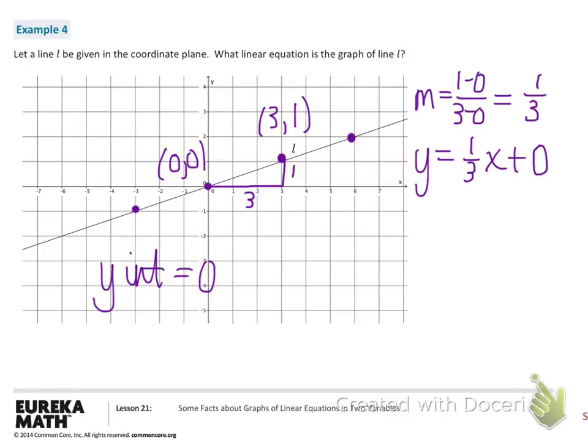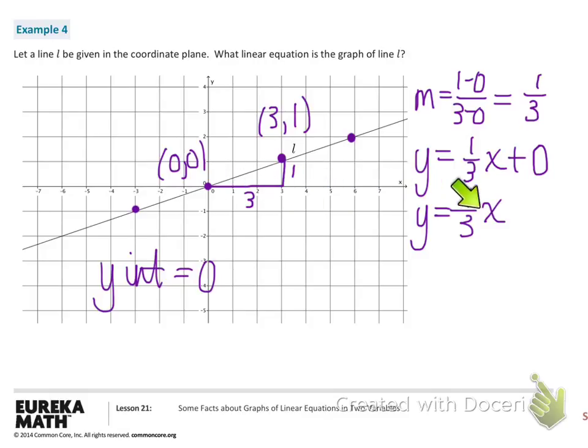So we would write this equation just as y equals 1/3 x. When an equation is in this form, y equals some number times x, that's a special type of relationship that you might recognize.